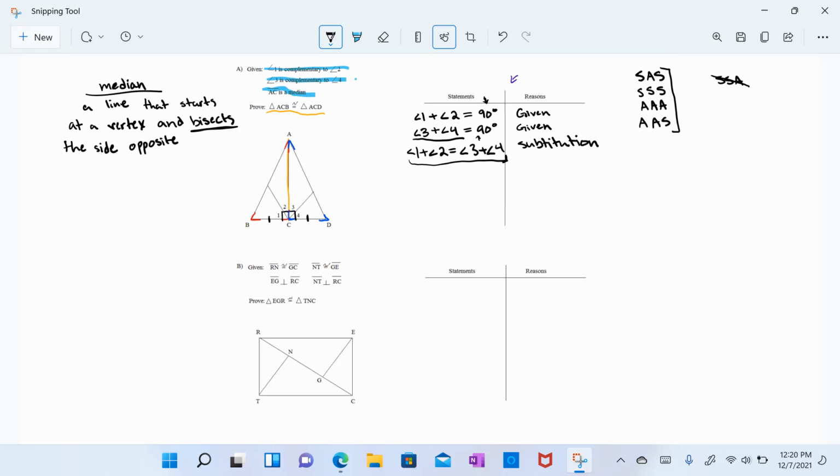What we also need to include in our proof, which we've already included in our graph, is that these two sides are congruent. And so the way we would write that under statement is you would do line BC, and you put a line on top, is congruent, this symbol means congruent, to line CD.